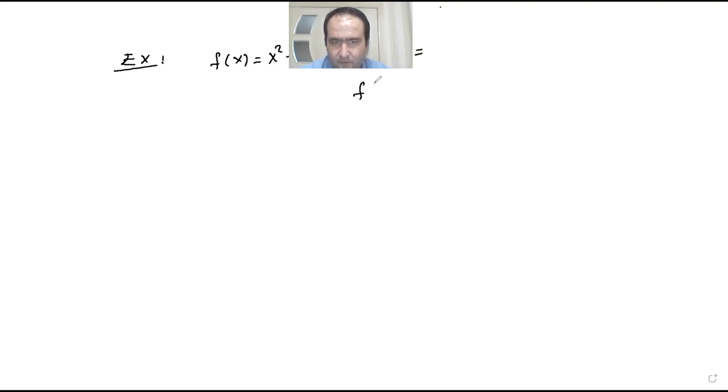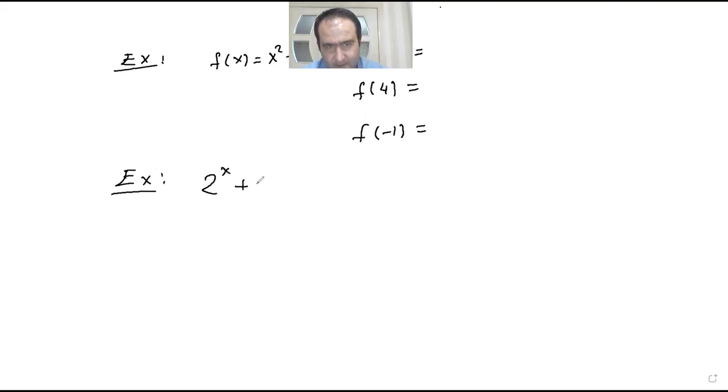What's f(4)? And what's f(minus 1)? And for example, f(x) equals 2 to the power x plus 5x. What's f(3)?